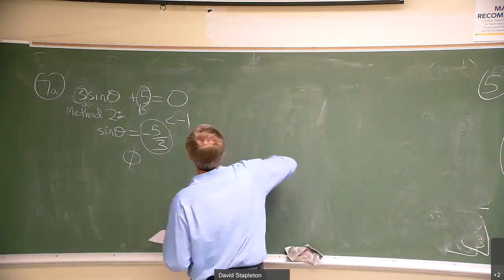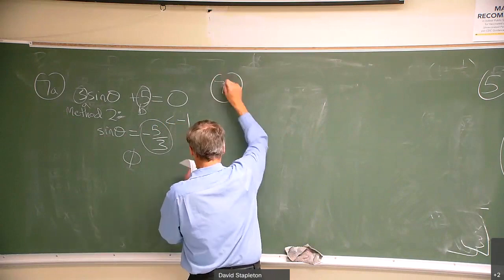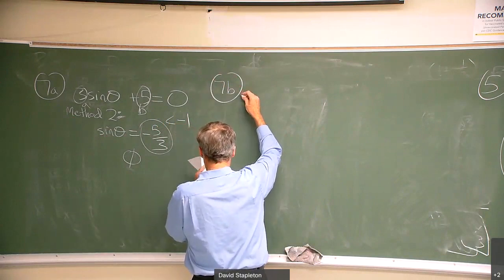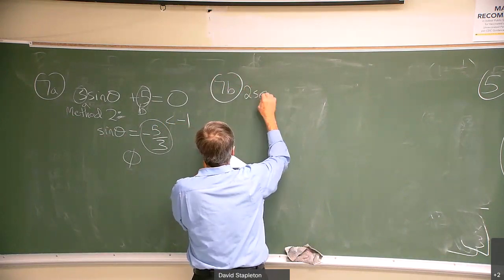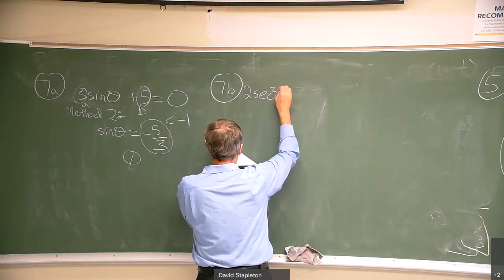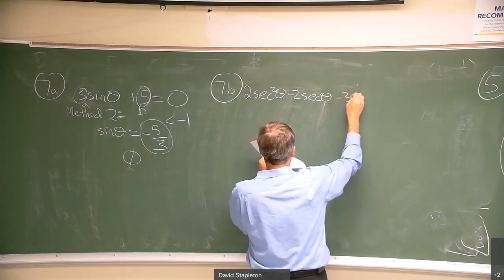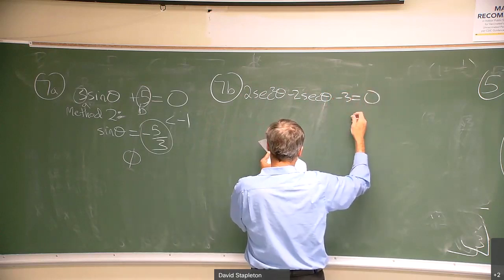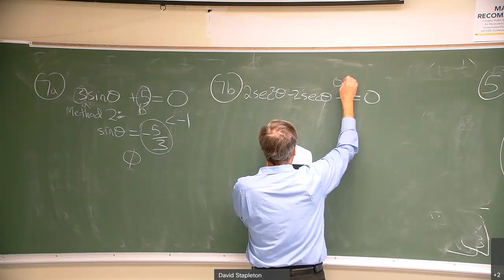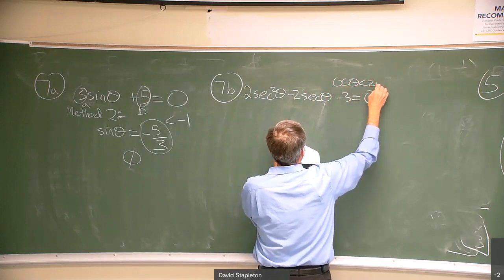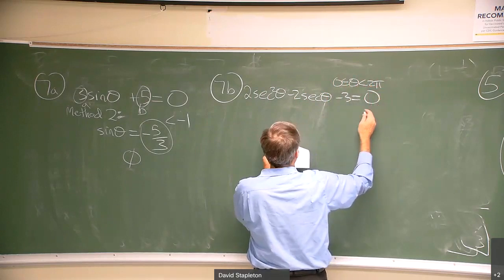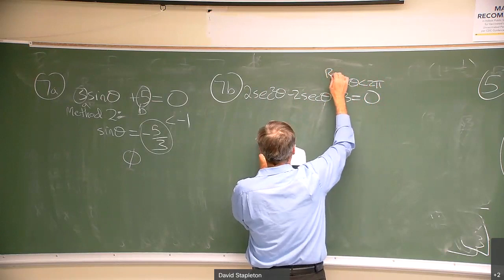How about 7B though? Well, I asked you to solve 2 secant squared theta minus 2 secant theta minus 3 equals 0 for 0 less than or equal to theta less than 2 pi, angles within 1 rotation and round to 2 decimal places.